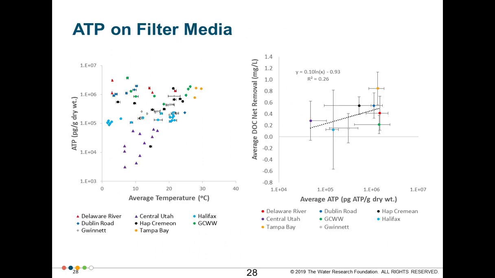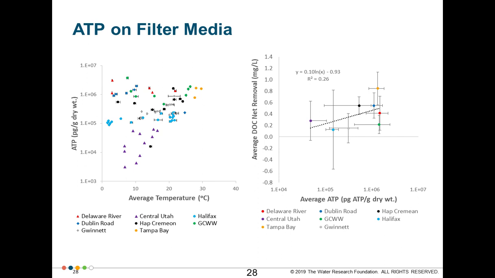When we look at ATP on filter media, there was some correlation with temperature, in that facilities with higher temperatures throughout the year did have higher biomass. But if you look at the same facility, their biomass was relatively consistent regardless of temperature.